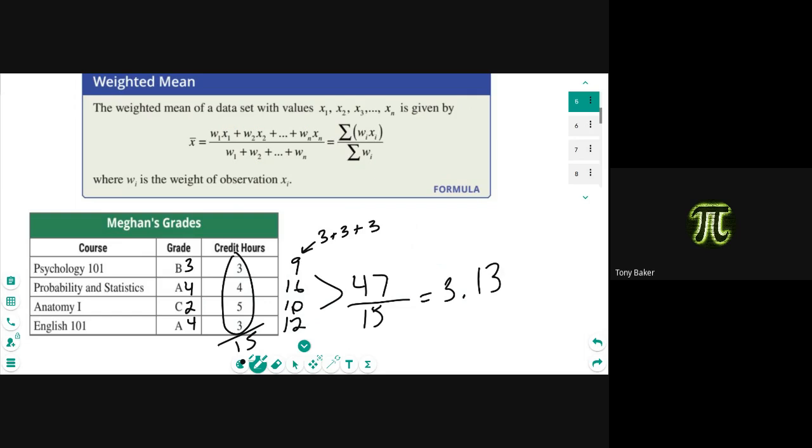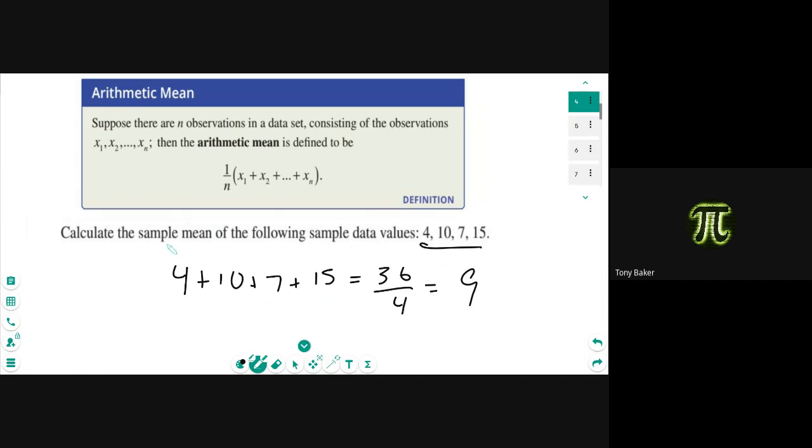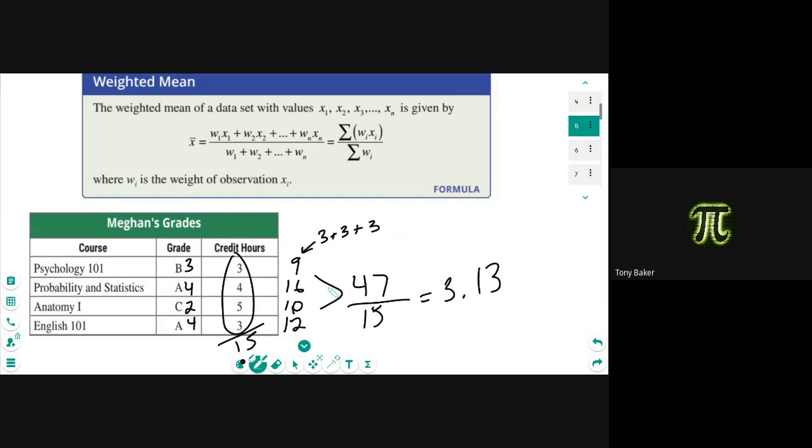That's summation. Yes. Will the homework assignments have us figure out whether, if they give us these values, we have to do the regular mean or the weighted, and what would be the best way to tell which way? So typically, if they're asking you for just a mean, they're going to give you a list of numbers. If they're asking for a weighted mean, they're going to give you something and tell you what the weights are.